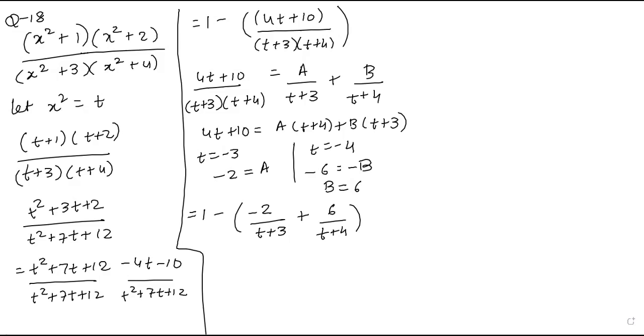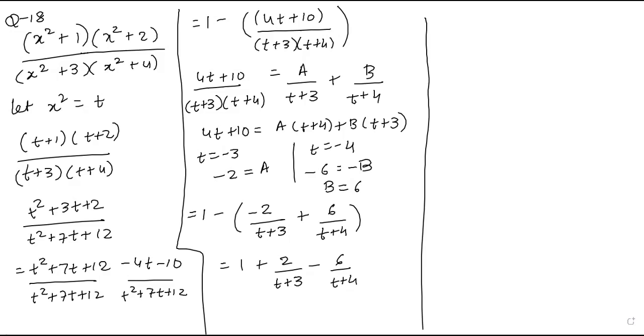So if I open this bracket, then as I told you, I will keep the value of t before integration only, as the substitution was not for integration, it was just to make my sum somewhat simple. So again I am replacing the value of t, and then I will integrate.